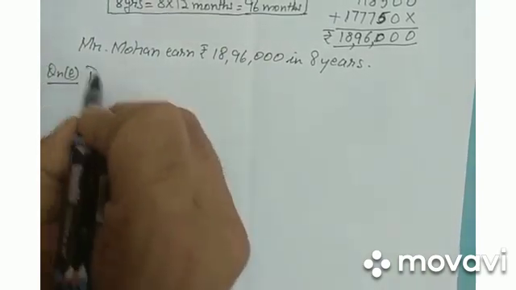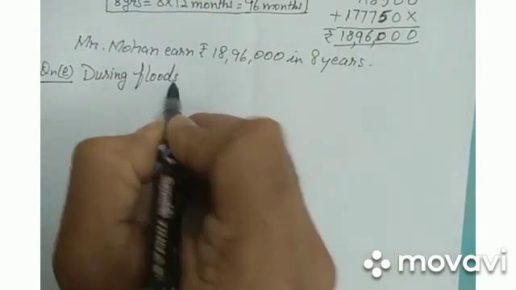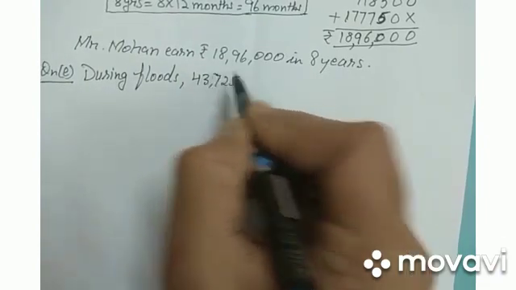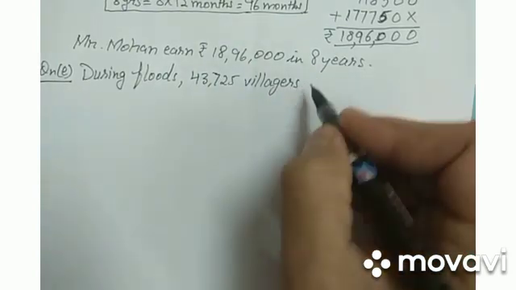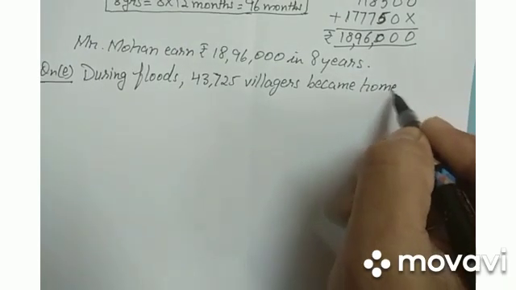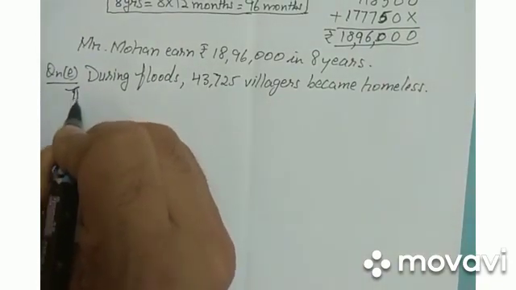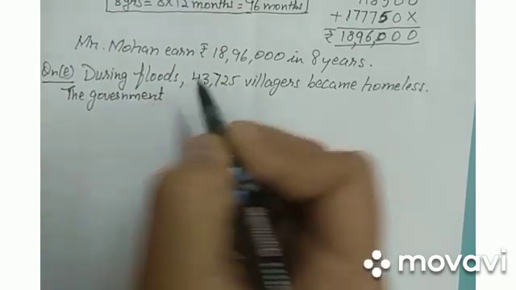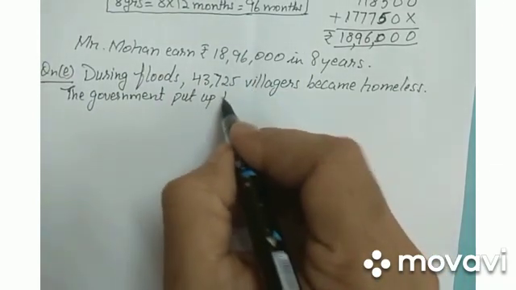The question is, during floods, 43,725 villagers became homeless. The government put up tents.